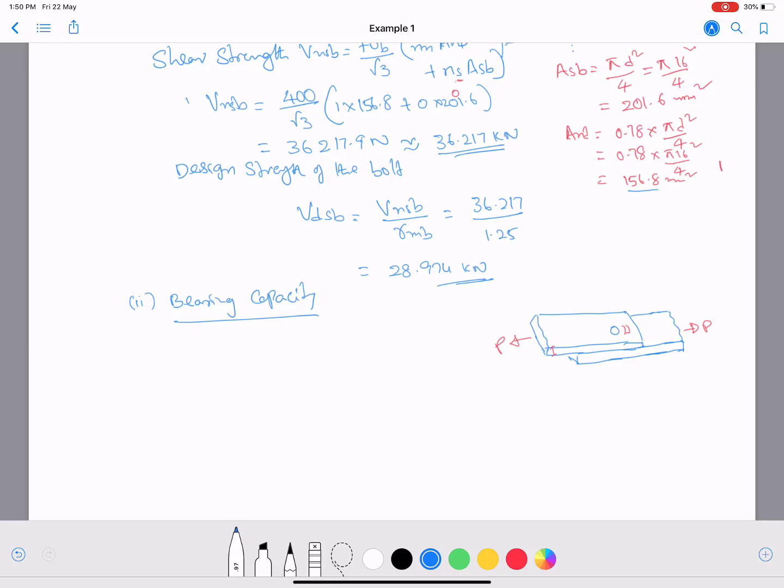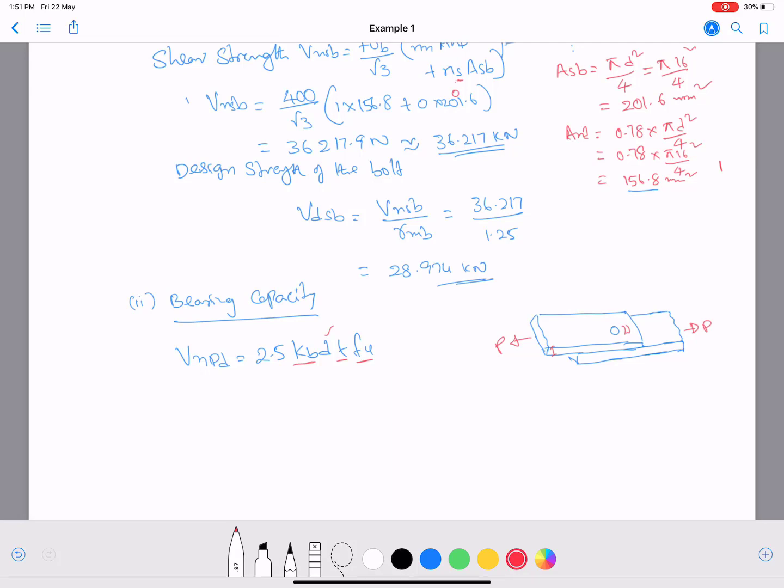So what is the equation for bearing capacity? VNPB equal to 2.5 times Kb d t Fu. Whereas Kb is actually a factor that depends upon the minimum edge distance and pitch distance of the bolt. d equal to diameter of the bolt, t equal to thickness of the plate, and Fu equal to the minimum ultimate strength of the plate or bolt, whichever is going to fail.